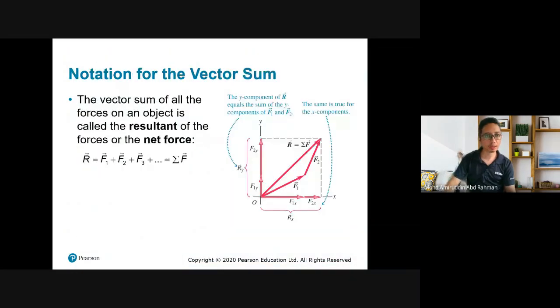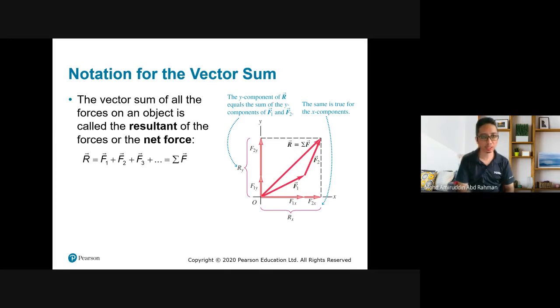As we can see, the final force, when we combine all of those, we call the resultant of the forces, or the net force.